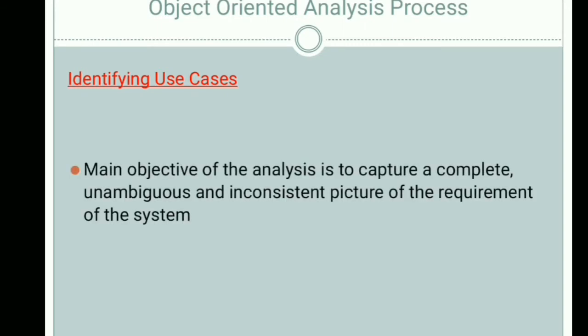So, for understanding the system, the analysis process plays an important role. The main objective of the analysis is to capture a complete set of requirements, to capture an unambiguous and consistent picture of the requirements of the system.